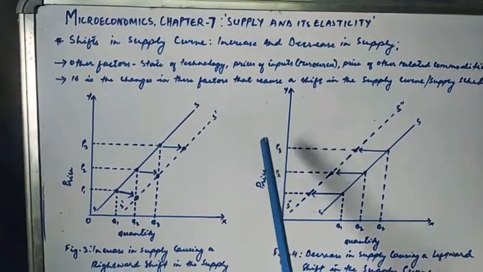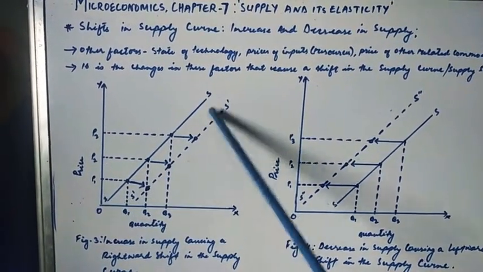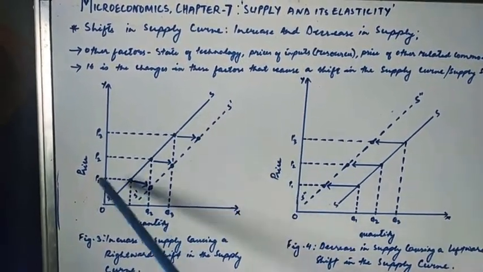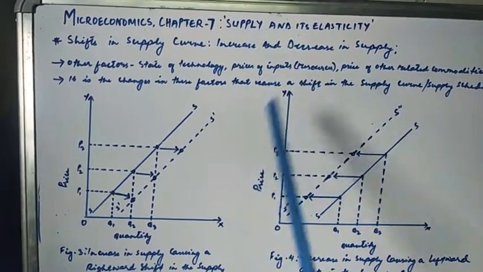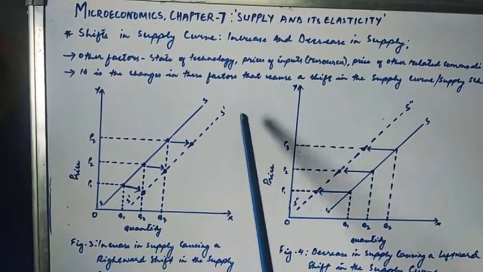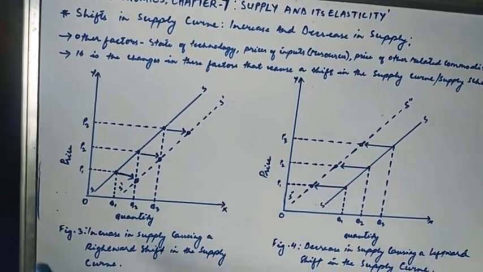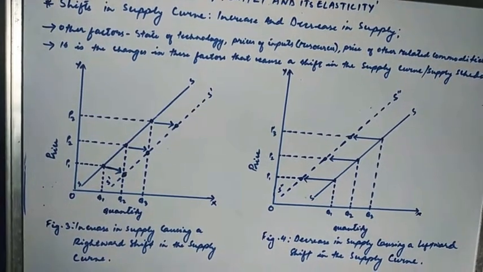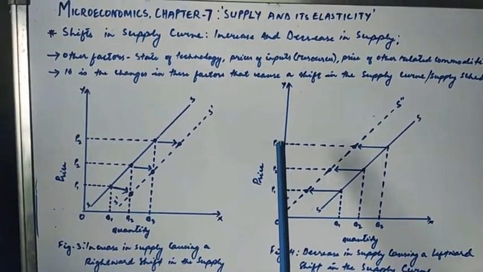Extension and contraction is movement on the supply curve. But when we talk about increase and decrease in supply, we are talking about the shift of the supply curve, whether it is a rightward shift or a leftward shift. So there is a change in the supply curve.